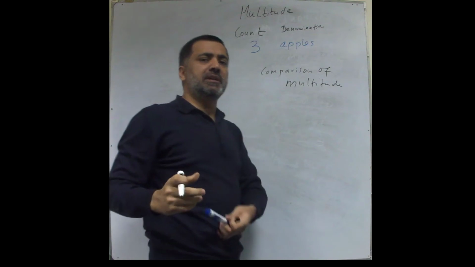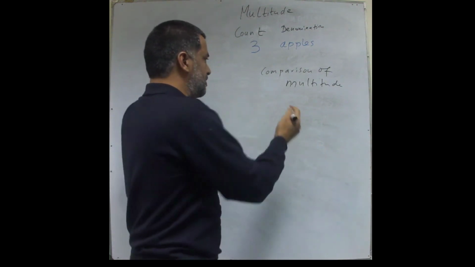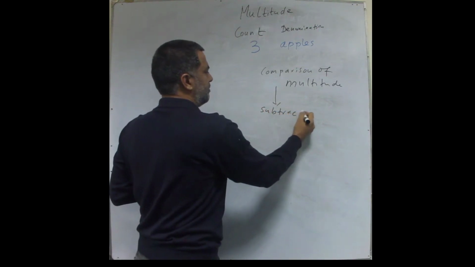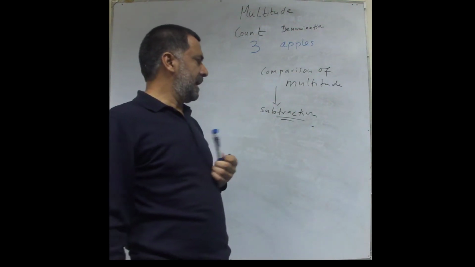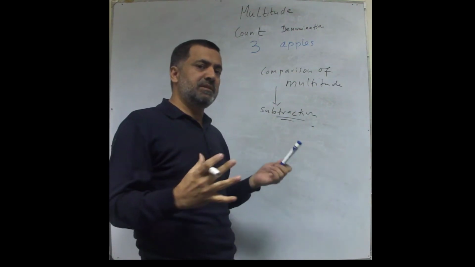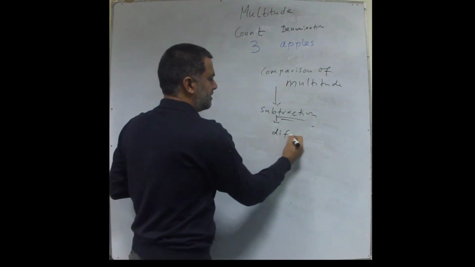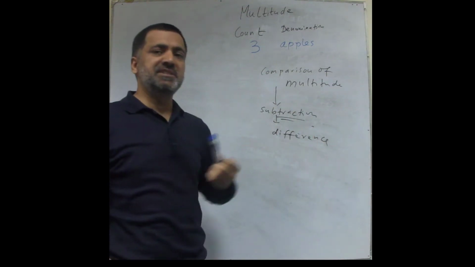And one of the ways to compare two multitudes is through subtraction. When you subtract, this gave rise to differences. So the result of a subtraction is a difference.